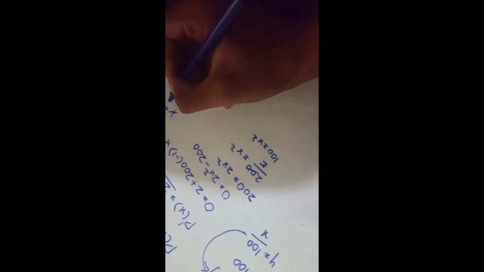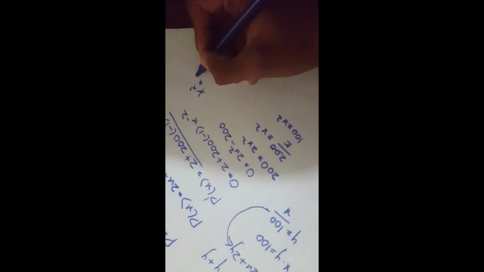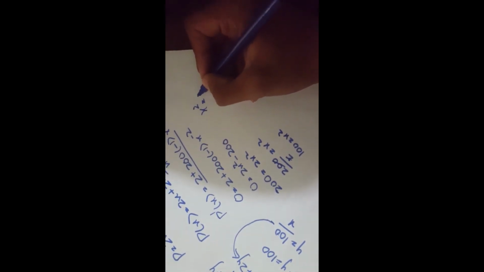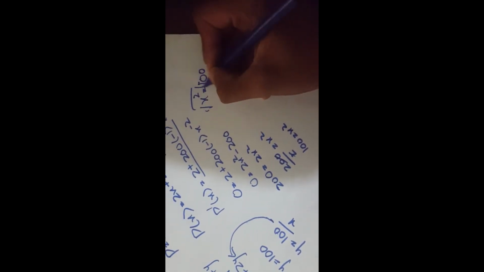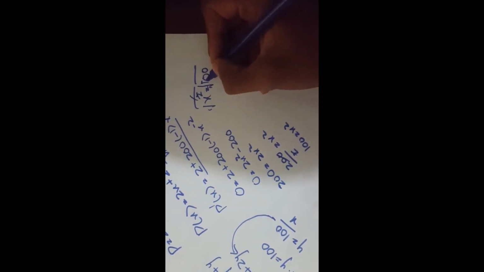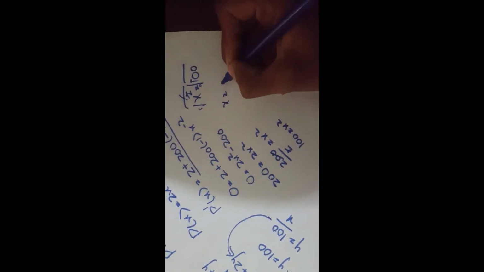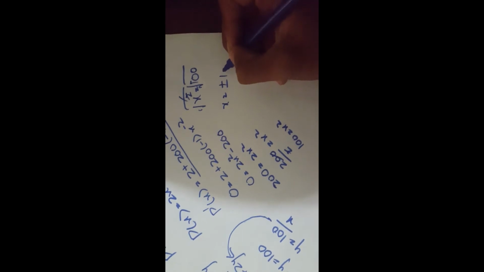Then we can also write it like x square is equal to 100, and when we take the square root on both sides, it comes as plus minus 10.